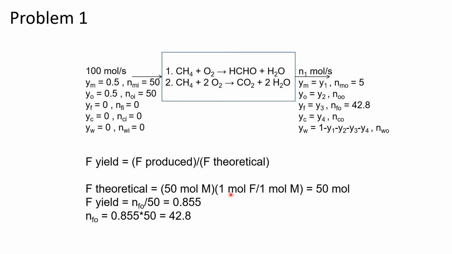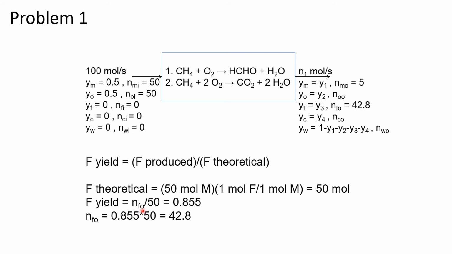So we'll multiply by 1 mole of formaldehyde per mole of methane, same thing. So we multiply 50 times this ratio of 1 to 1, we just get 50 moles of formaldehyde that we could theoretically produce from 50 moles of methane. It's pretty obvious that there's 1 to 1 conversion. The yield is going to be equal to the amount of formaldehyde produced divided by the theoretical amount.